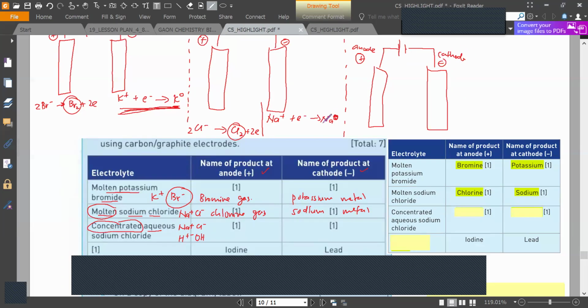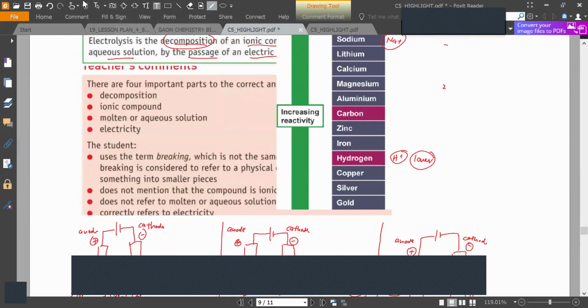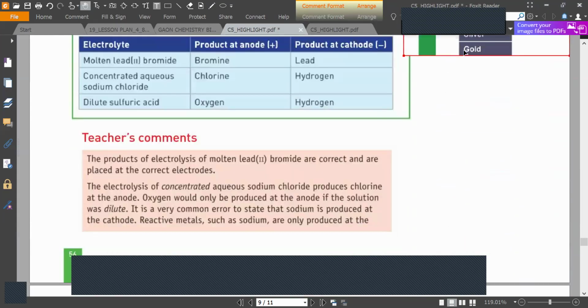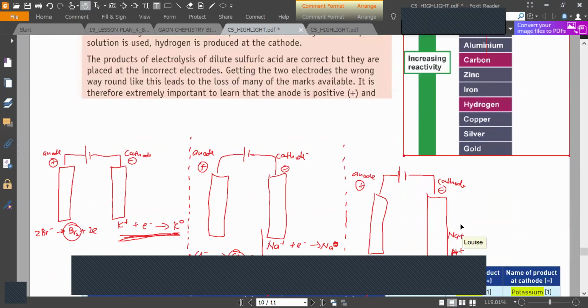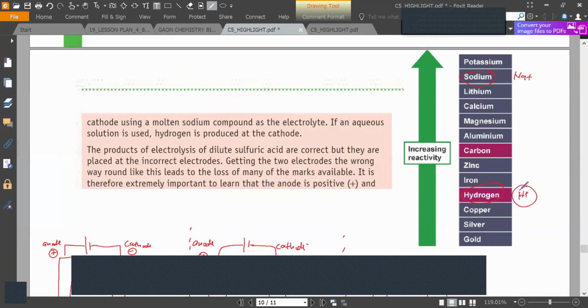Now the positive ions will come here, sodium and hydrogen. As mentioned before, the reactivity series: sodium, hydrogen. Always the lower one will react.